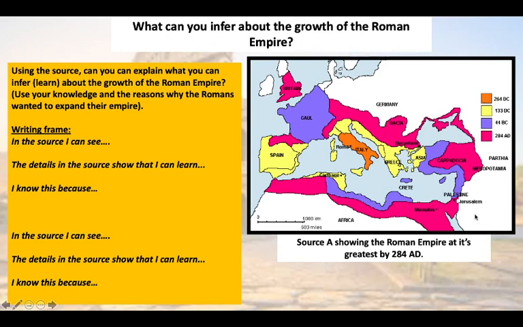Okay, so it starts off in 264 BC. Now, they'd only conquered Italy at this point. Remember I said that the different cities made up their own little regions, and Italy wasn't a united country at this point yet. So in 264 BC, they'd only conquered Italy.